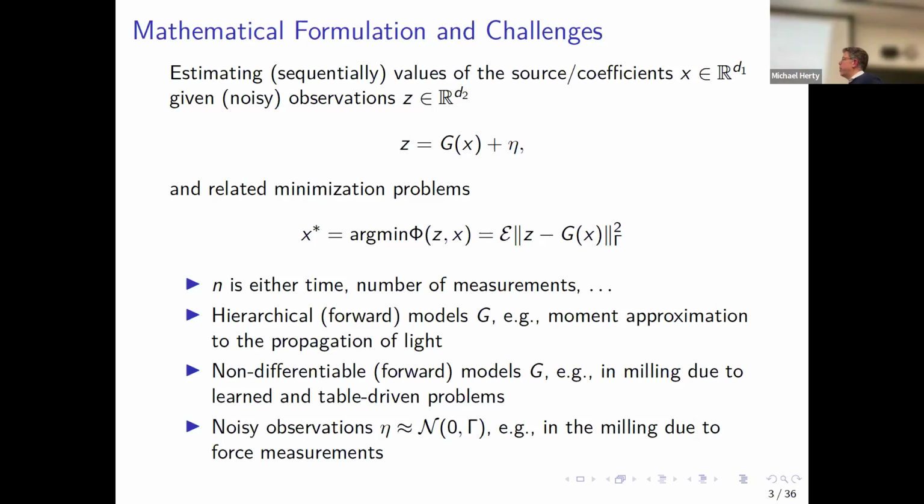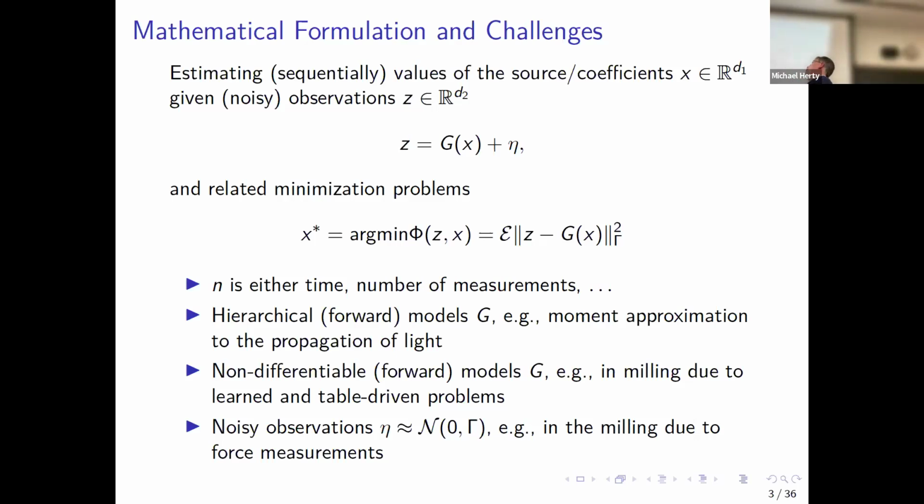What you would like to do is, sorry, this is the wrong E, but maybe take the expectation of this difference, maybe if you know something about your noise, weighted with the covariance of these observations. So this could be casting this inverse problem as an optimization. You cast it as an optimization problem, and now you ask yourself, can I find this? And you can do this now sequentially.